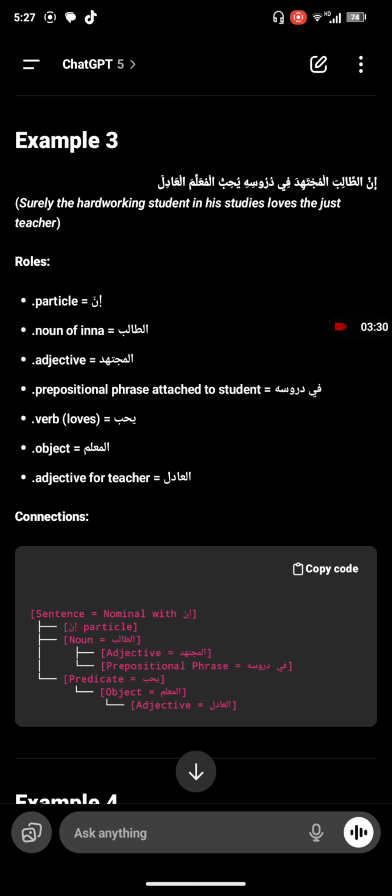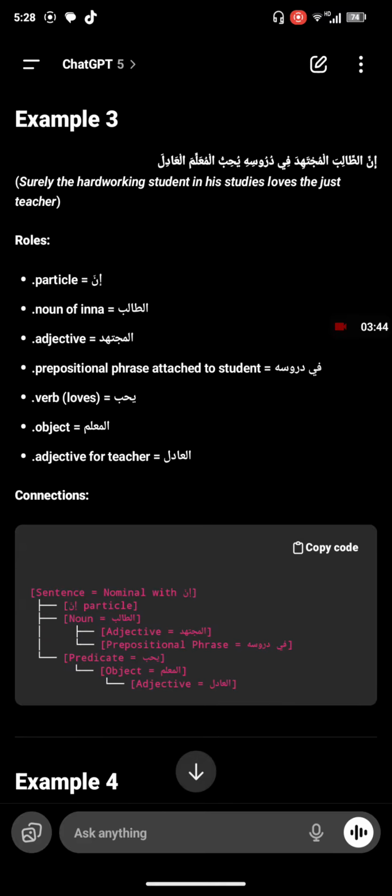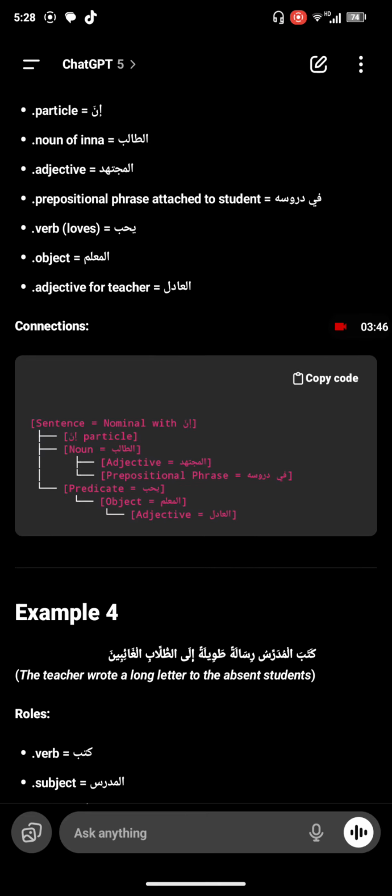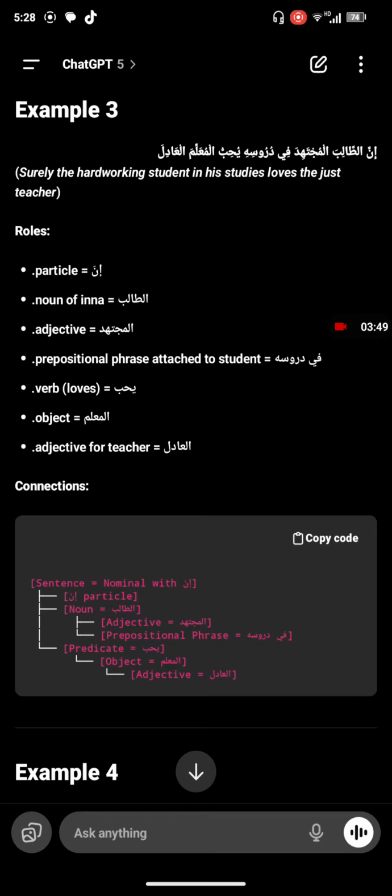Inna taliba. So inna is a particle, which I was just saying, and that is going to change a lot of things in the sentence, but that doesn't really matter right now. So inna at the bottom, in the connections area, is a start, and that connects to the noun.